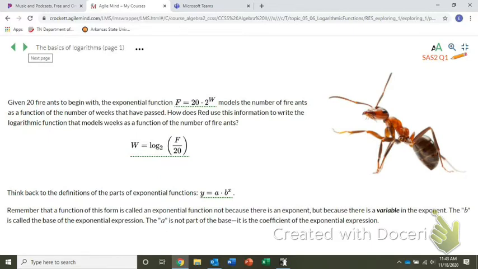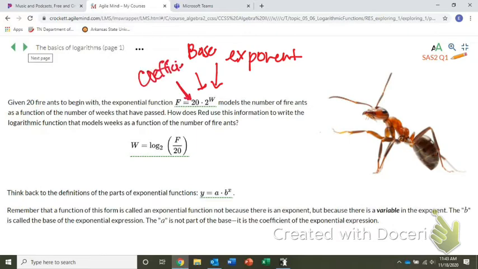You really should know the exponent. What's the exponent? W. Good. What comes right before the exponent? The base or the coefficient? The base. So my base is 2. So what does 20 have to be? My coefficient. Coefficient is just a plain old number. It has nothing attached to it, just a number. Okay?